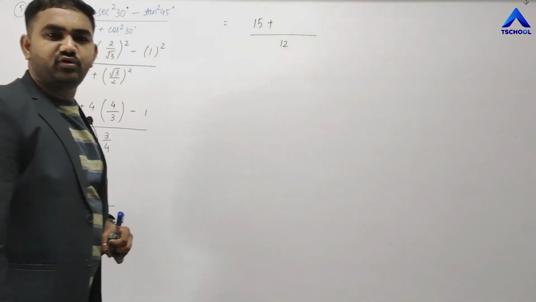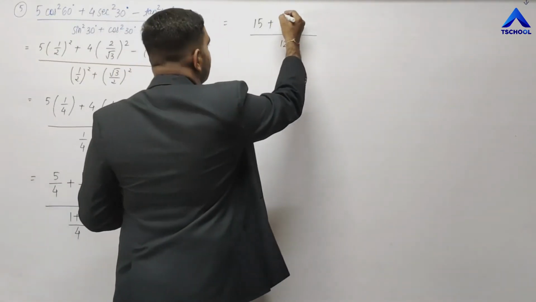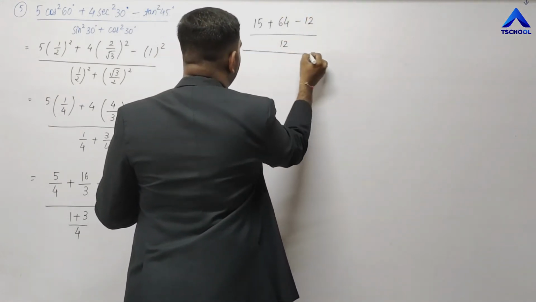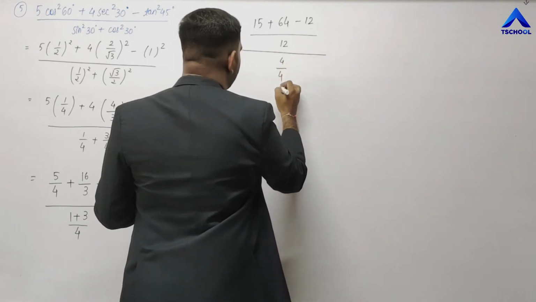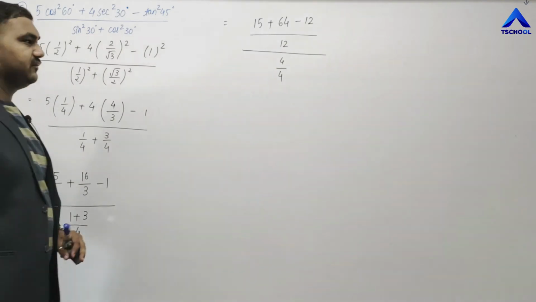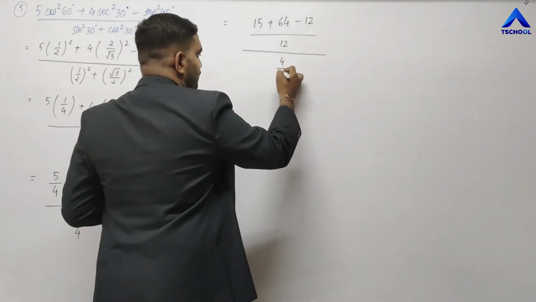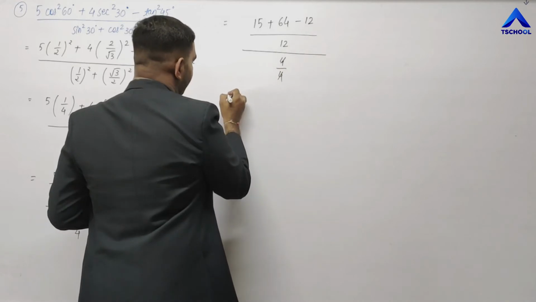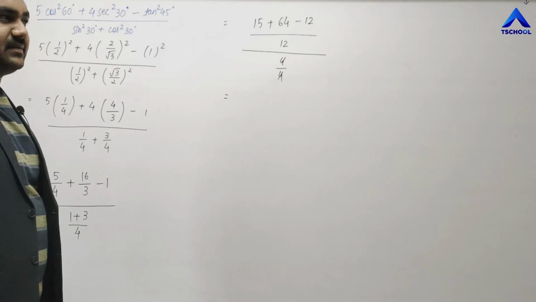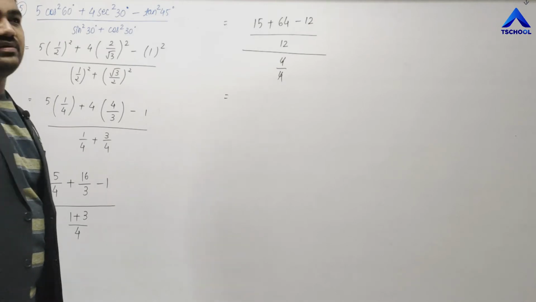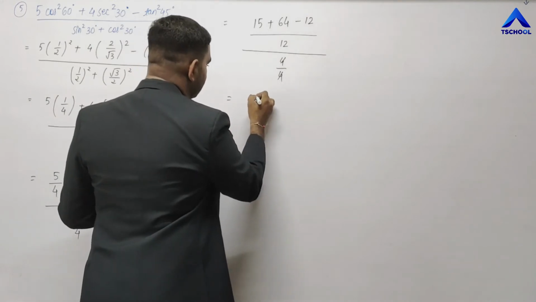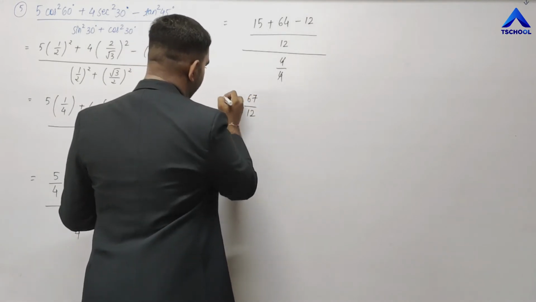What is 16 into 4? 64. So that is 64 minus 12 into 1, 12, whole divided by 4 upon 4, because that is 1 plus 3, 4 divided by 4. So this 4 and 4 is cancelled, which gives me 15 plus 64, that is 79. 79 minus 12, that is 67, and hence the answer is 67 upon 12.